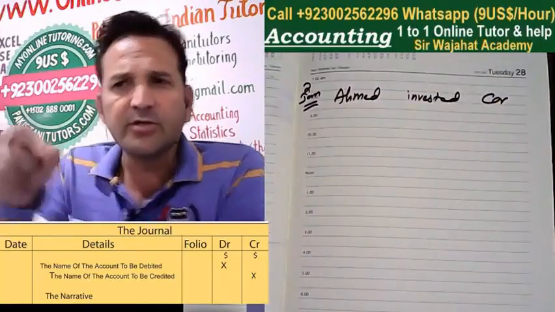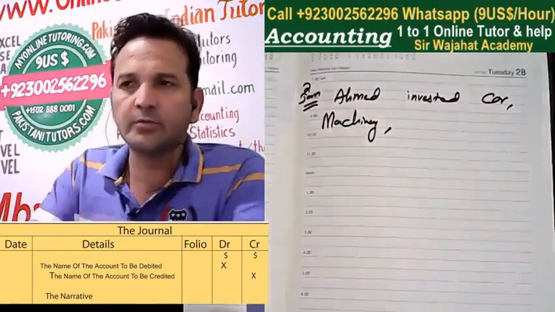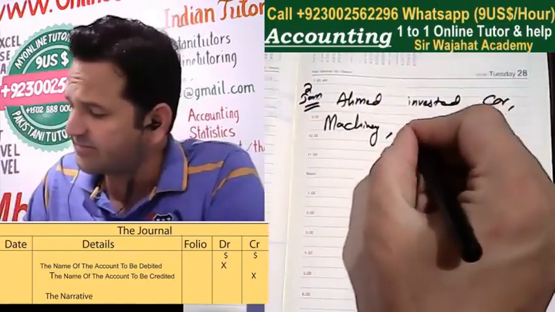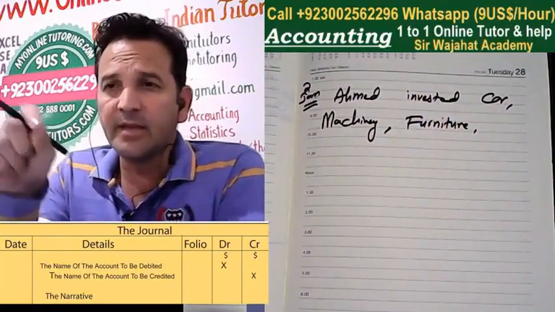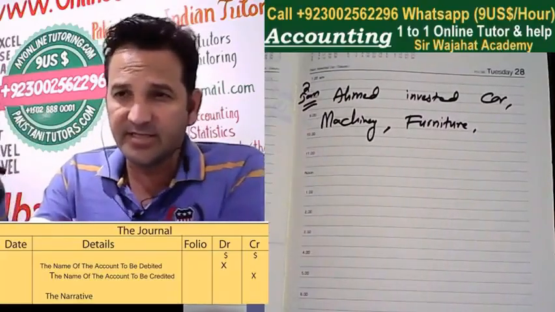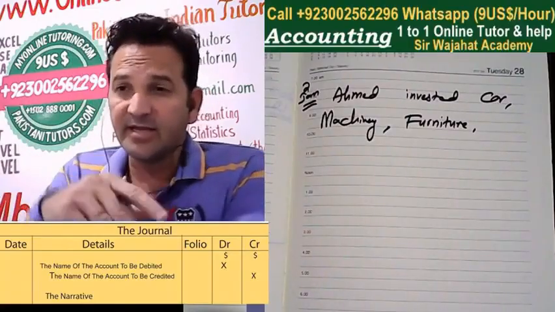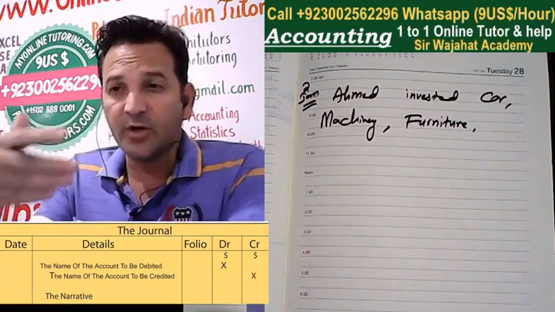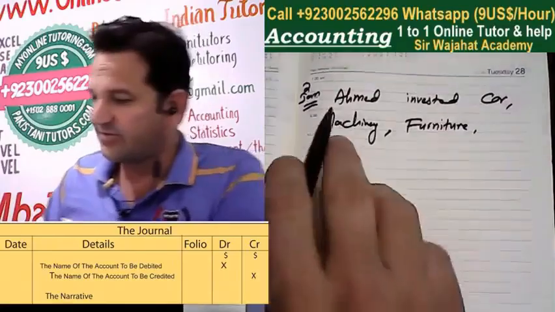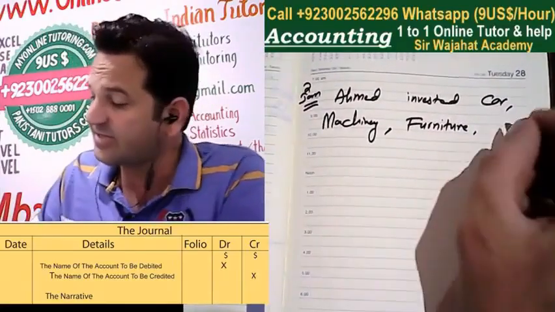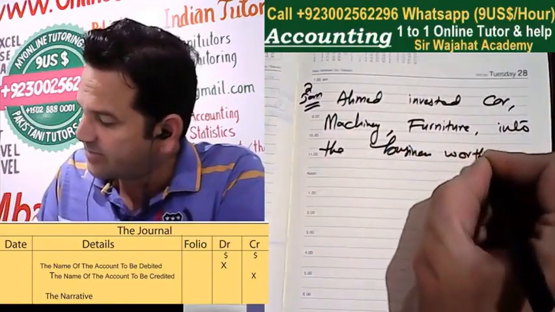He can also invest machinery, he can invest furniture. Anything he is bringing from his home into the business will be recorded. You will learn later on that the things belonging to the business are separate and personal items are separate. So Ahmed invested a car or machinery or furniture into the business worth rupees 1,50,000.